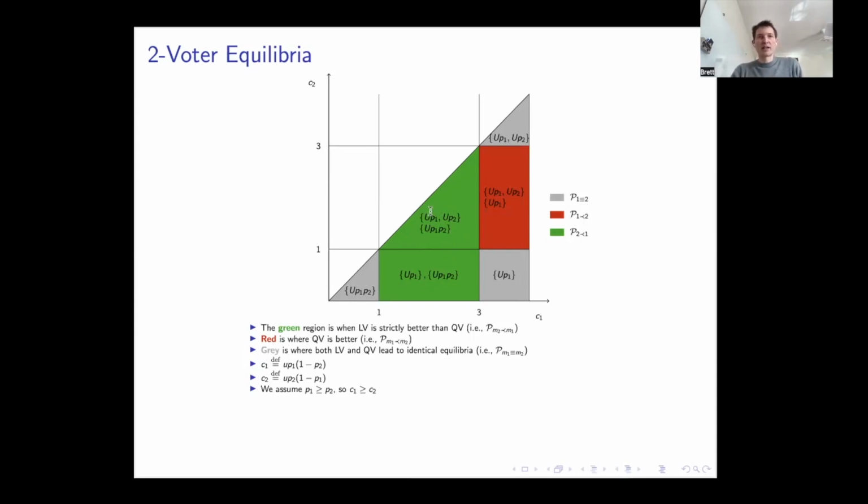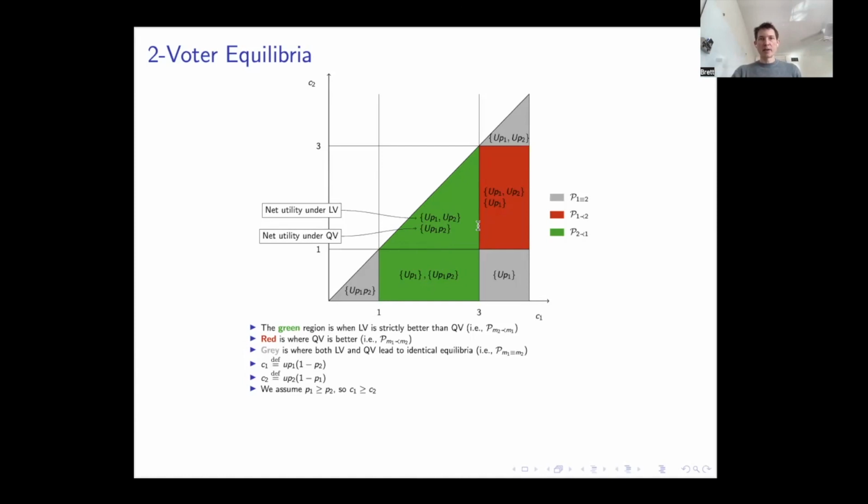And what we've seen here is, in the two voter case, you can actually calculate all the voting equilibria that come out. And so here there are multiple equilibria in all these places. Just in terms of how this is set up, the top one is the equilibria you get under linear voting, and there's only one equilibrium you can get under quadratic voting.